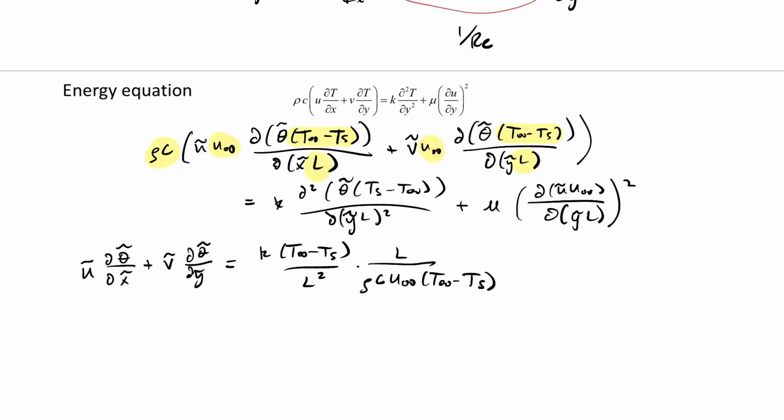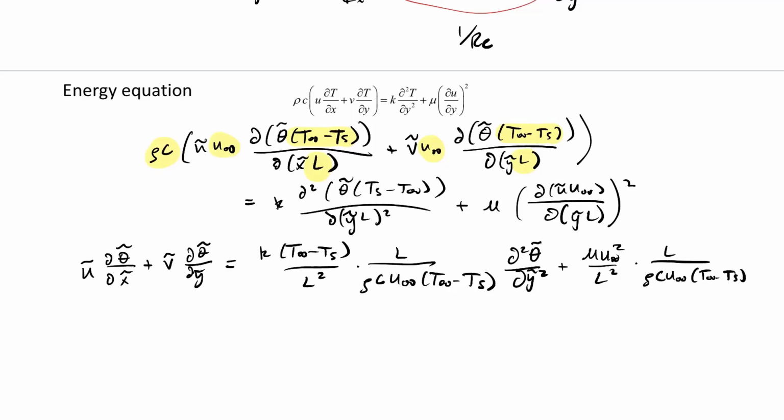Let's see what else here. That is multiplying d squared theta dy tilde squared. And then the second term here is mu U infinity squared over L squared times the thing we're dividing by, which is L over rho C U infinity (T infinity minus TS).